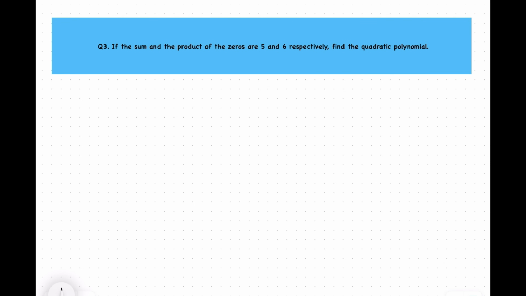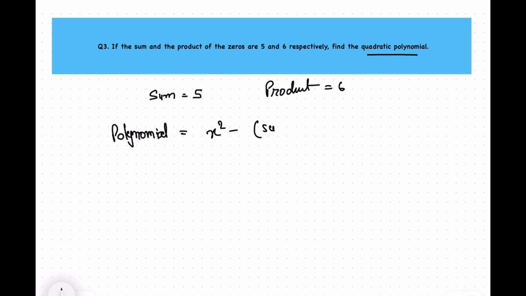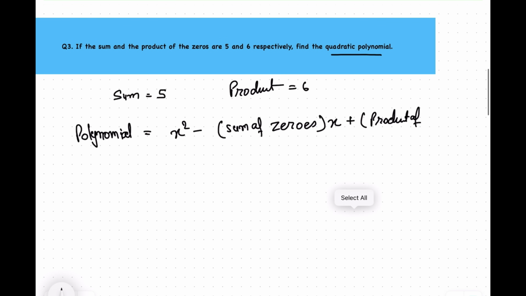This is our third question. What the question is: if the sum and the product of the zeros are 5 and 6 respectively, find the quadratic polynomial. So the sum of the zeros is given as 5 and the product is given as what? 6, right? To write the polynomial, the equation that we remember is x squared minus (sum of zeros) times x plus (product of zeros).